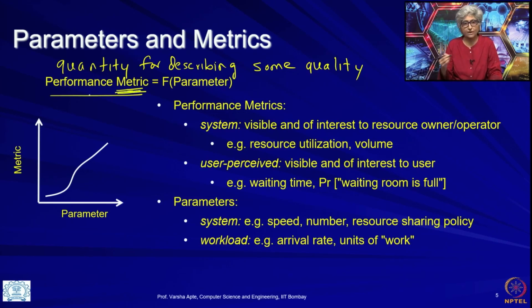And metrics can be for anything. I just told you a metric for a person being fast, a person being strong, and a metric to describe a car. Recall from the previous lecture, a metric for describing an efficient car could be how many kilometers it gives for 1 liter of petrol. That is a very quantitative metric to describe an efficient car, right.